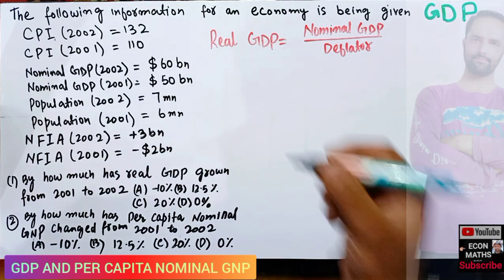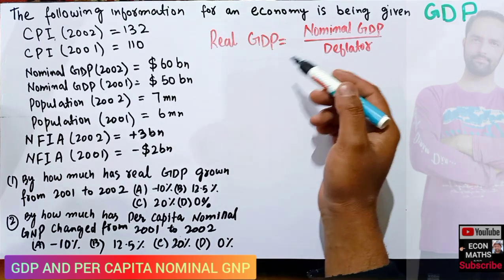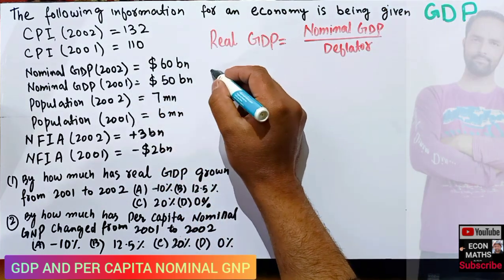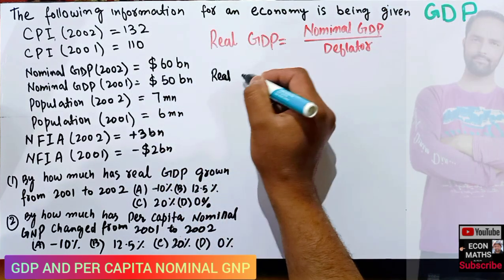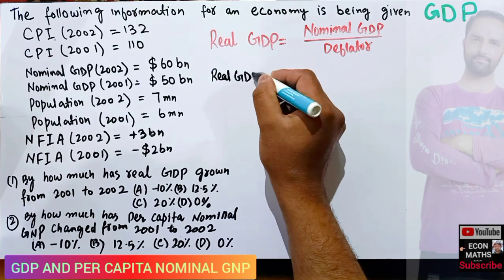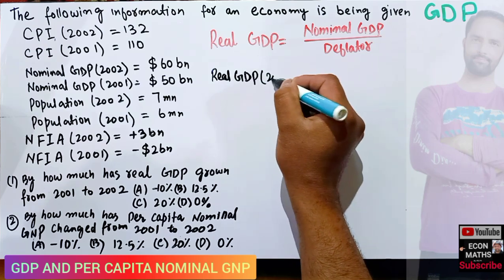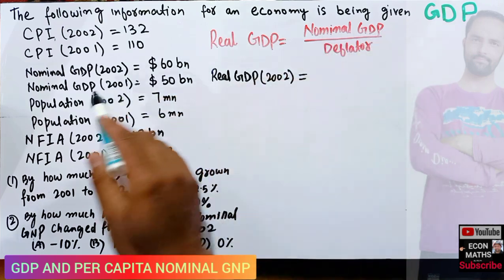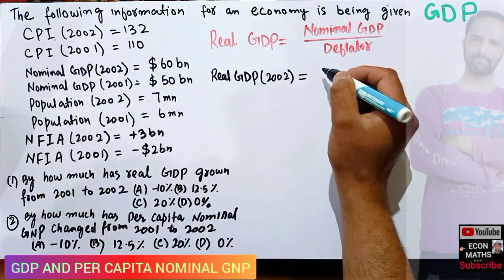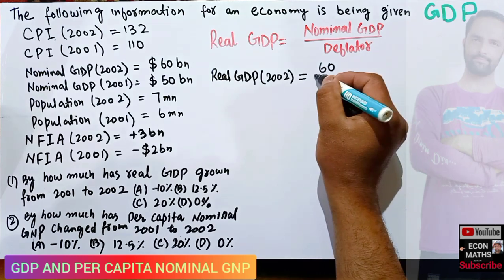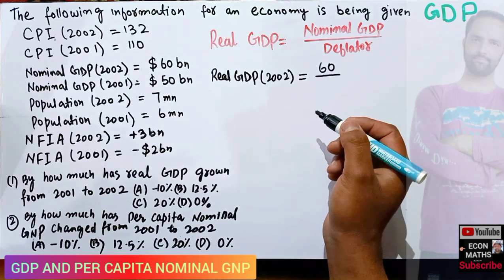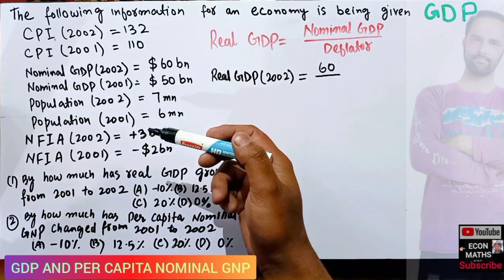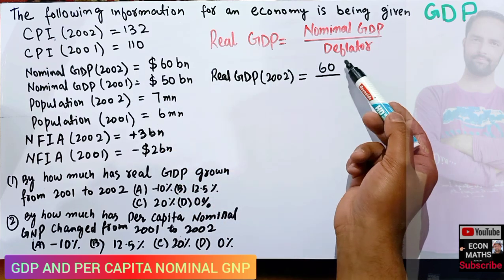Now first we need to calculate the real GDP for 2002. So let me write it here. So real GDP in 2002 will be equal to, what is nominal GDP in 2002? That is 60 billion. So I can write here 60 upon, and what is our deflator?